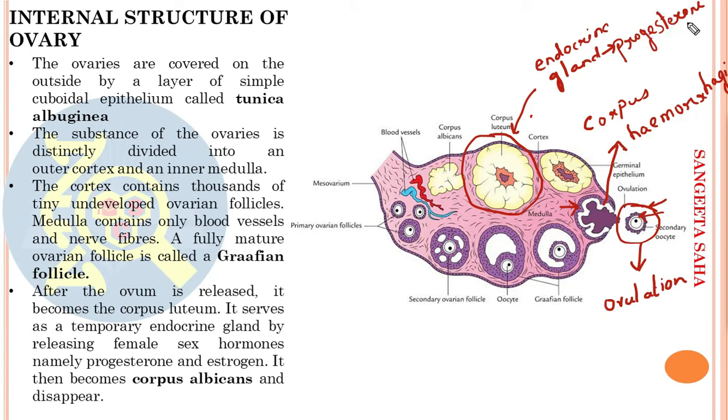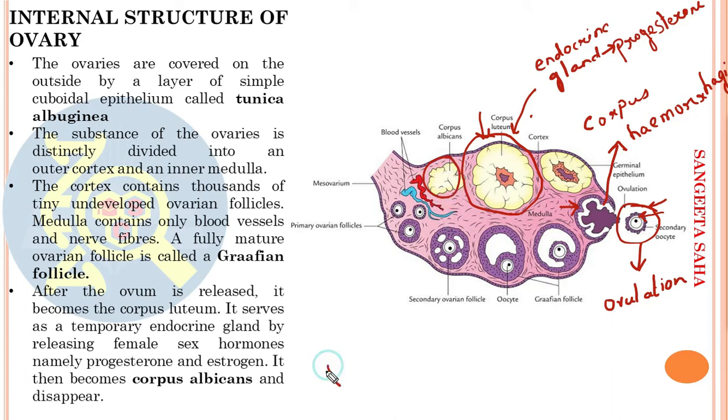What I am saying now, listen to this very carefully. If fertilization takes place, then this corpus luteum, which I talked about, will persist. If fertilization does not take place, this corpus luteum will degenerate and form corpus albicans.